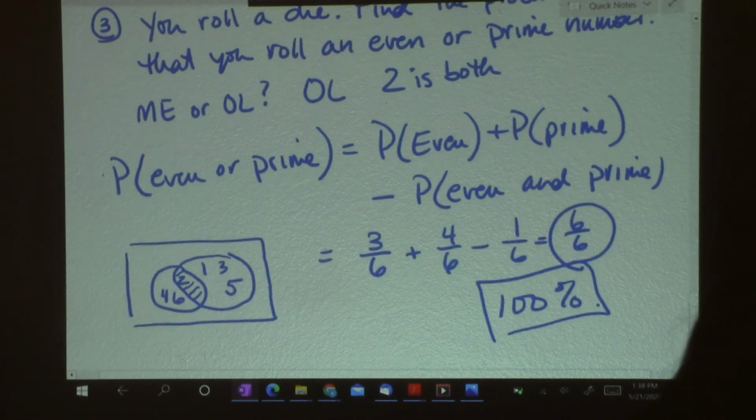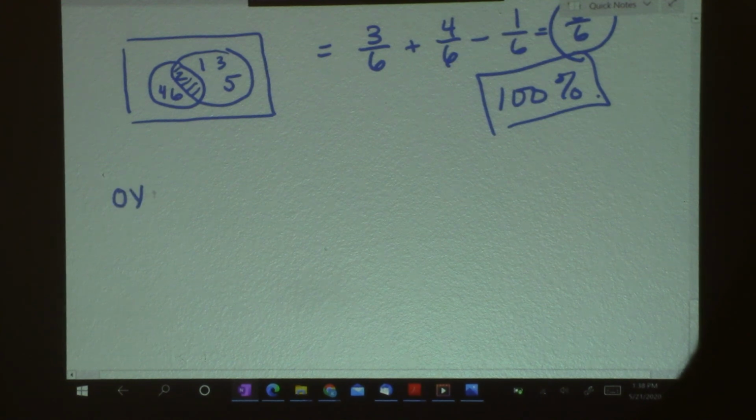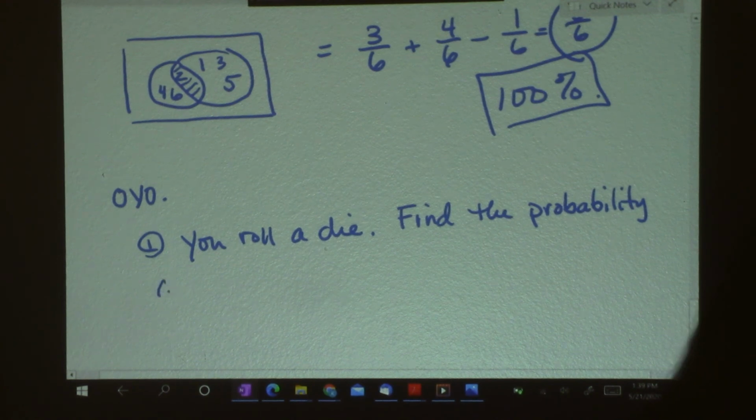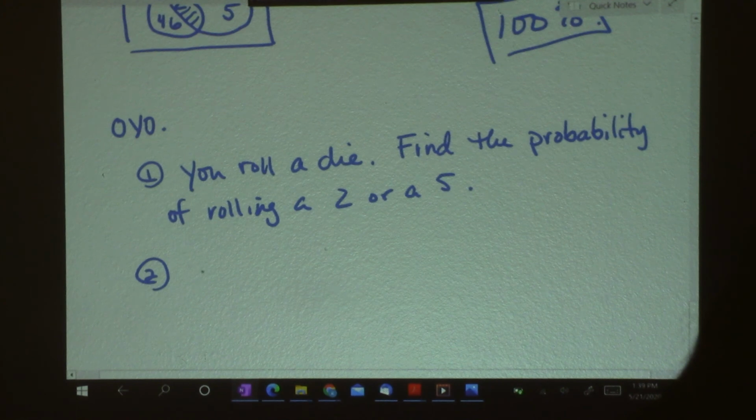Now I want you to do some OYOs. Number 1, you roll a die. Find the probability of rolling a 2 or a 5. Okay? Number 2, you roll a die.